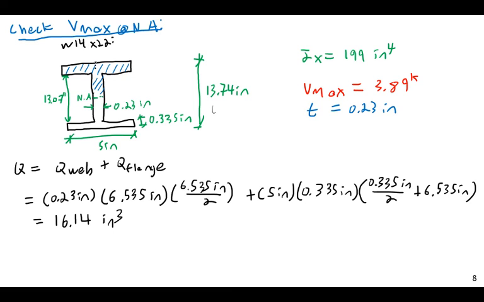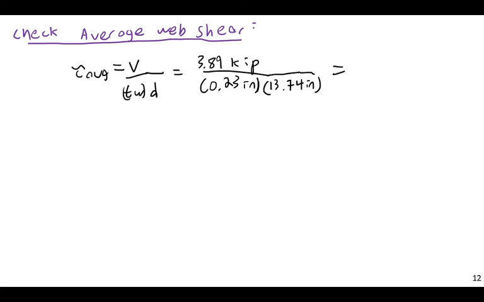We use the entire depth, we actually extend it into the flange. We count this entire rectangle here, because that portion of the flange is able to resist the shear as well, which then equals 1.23 KSI.